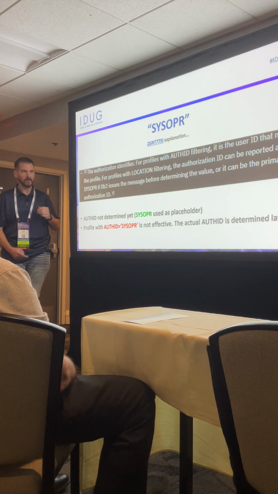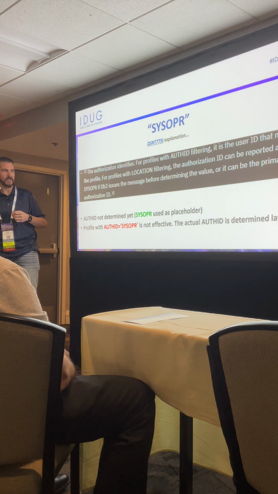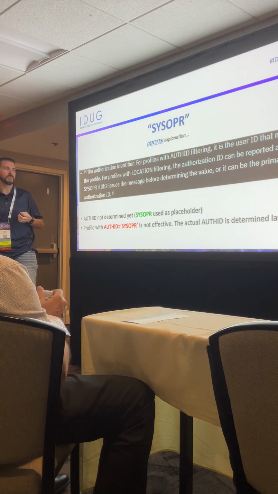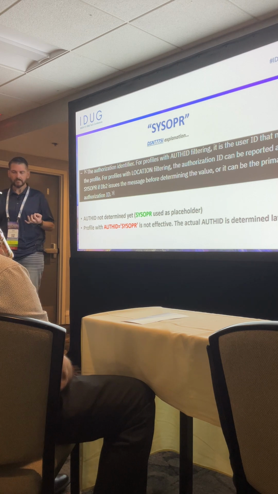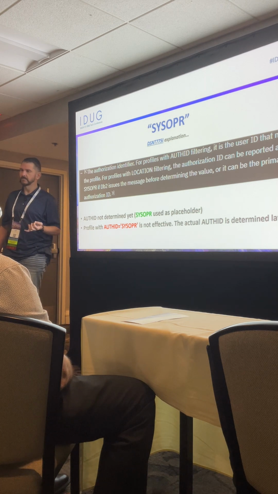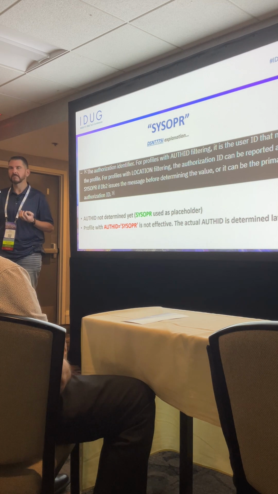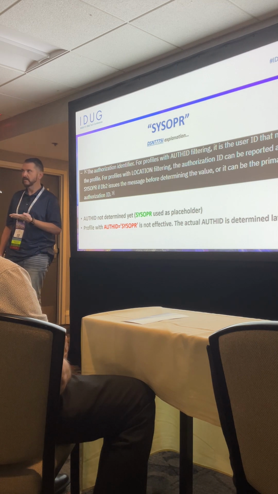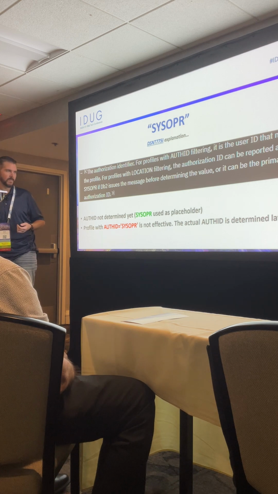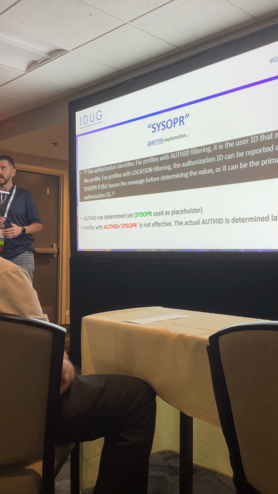So go read the documentation. But to simplify this for the conversation today, when you see SYSHOPPER, no, that's not a system programmer or somebody in your organization. That means that that thread does not know that auth ID yet. So it's a placeholder. It's just in the way that the transactions are being processed.